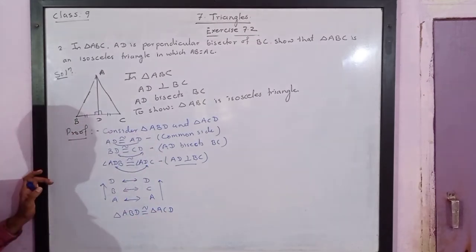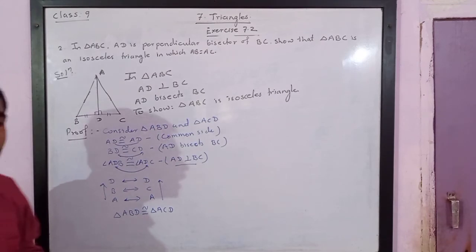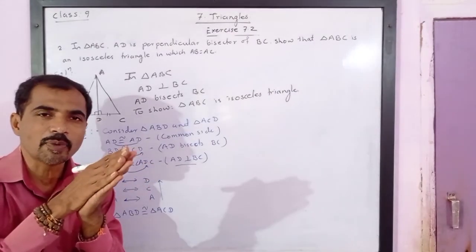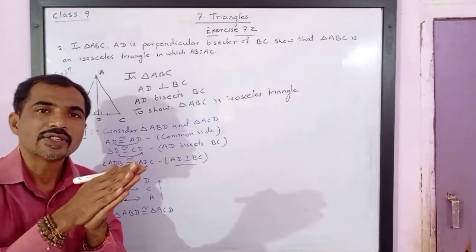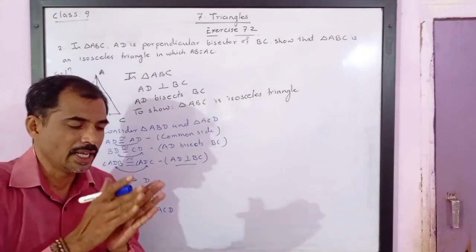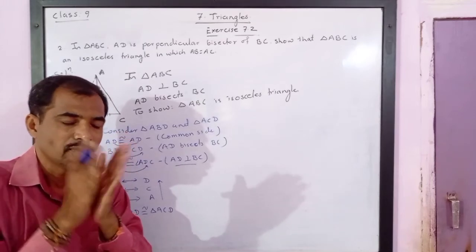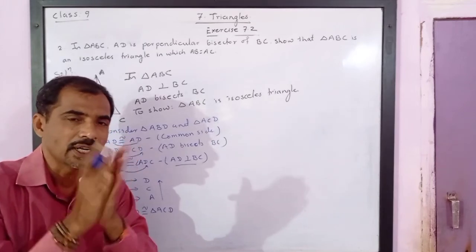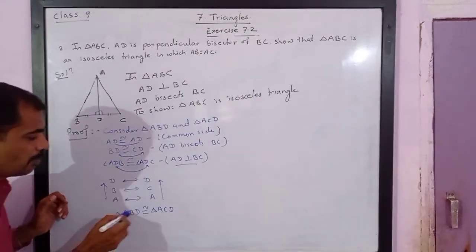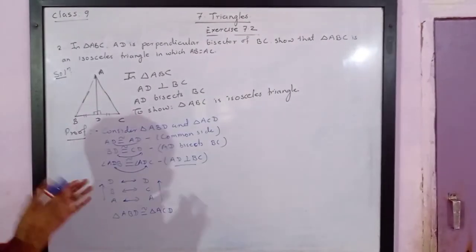Now, if these two triangles are congruent, it means if you keep them one above the other, their corresponding angles and corresponding sides will coincide. If you change the angles, they will not coincide. Please understand. They will coincide only if they are kept one above the other exactly, which are corresponding. So A must be kept over A, B must be kept over C, and D must be kept over D. Then and only then they will coincide.